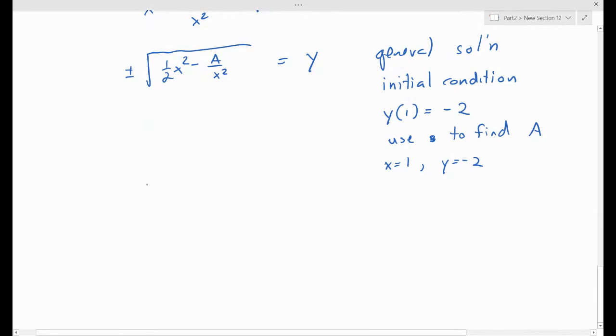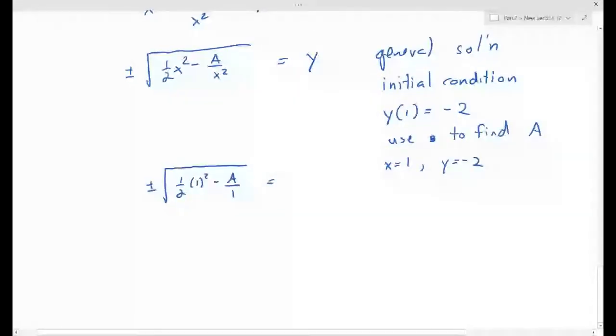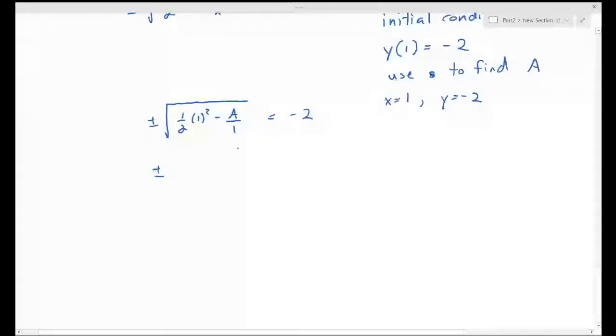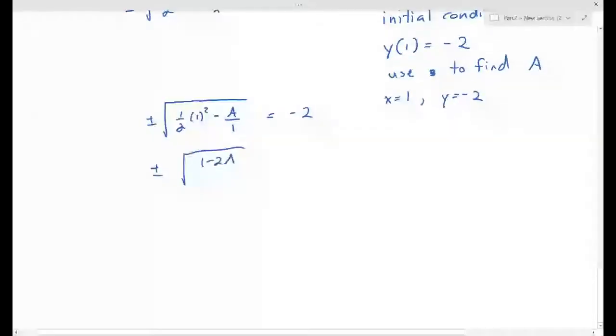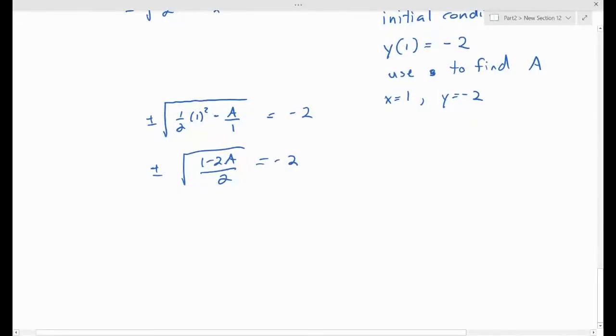So as you said, you plug in. Any place you see an x, you get to replace it with a 1, and any place you see a y, it becomes negative 2. All right, so then we get something like this, and we can solve for a.